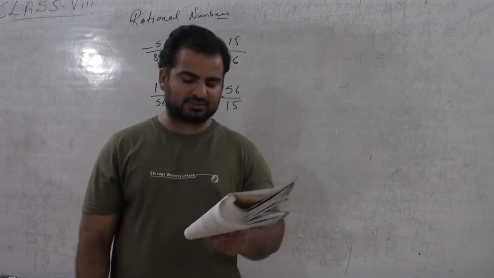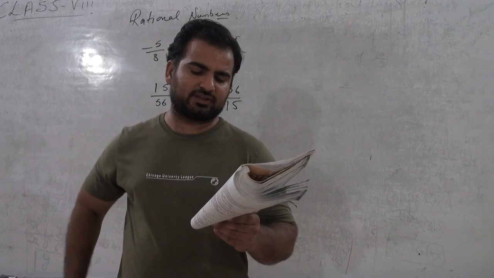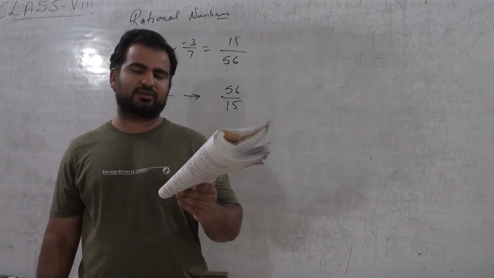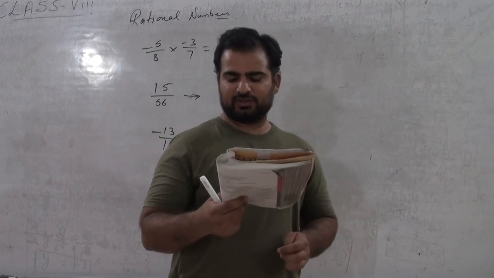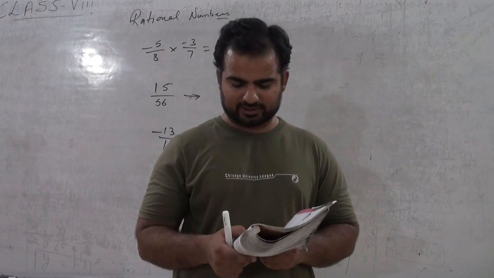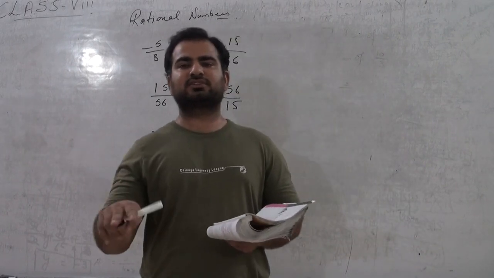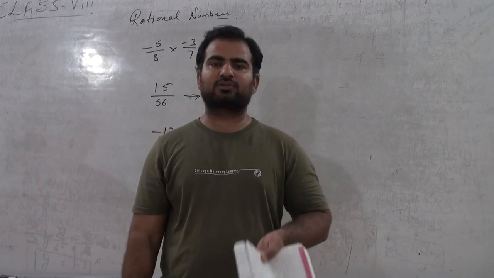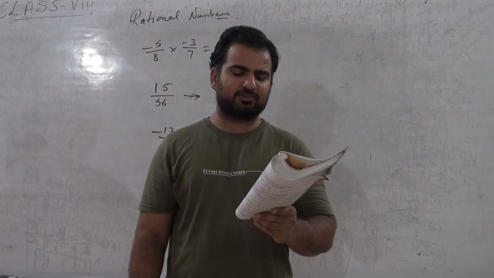Okay. Next, 13 by 17 multiplied by minus 2 by 7 equals minus 2 by 7 and 13 by 17. So we can say that it is like A into B equals B into A. Okay, because A is 13 by 17 and B is minus 2 by 7, and it is already just the reverse of it. So we have to name the property.